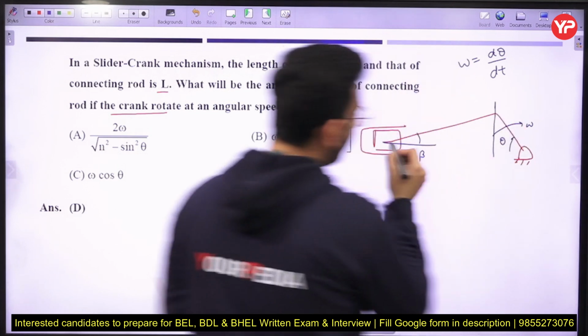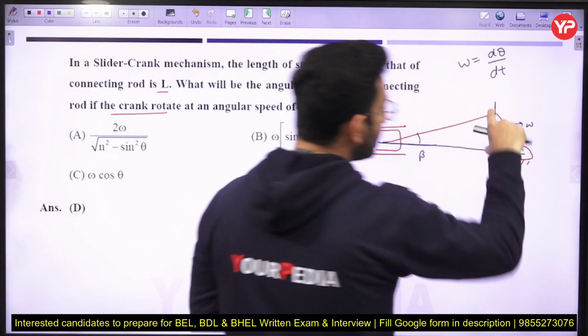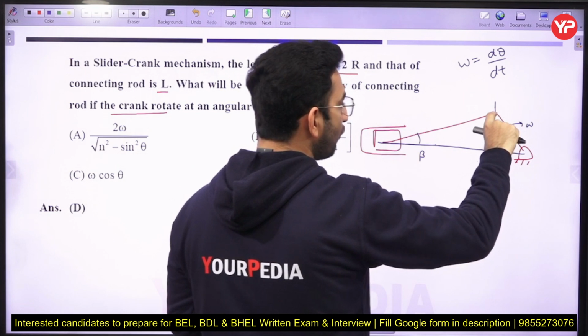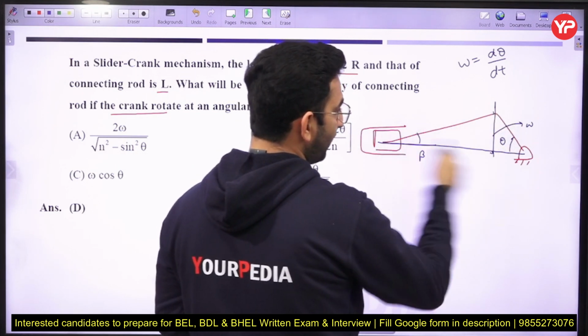Here, this vertical line is going to be common in both of these triangles.